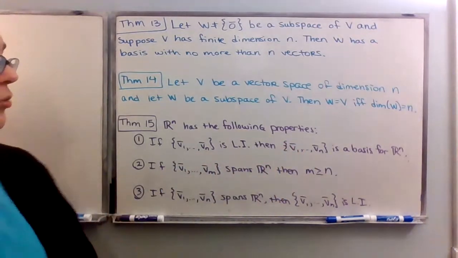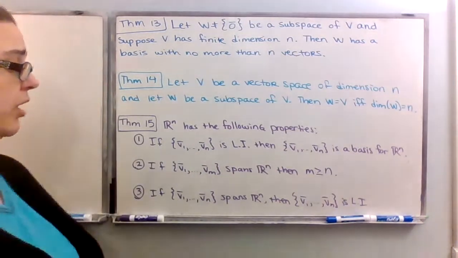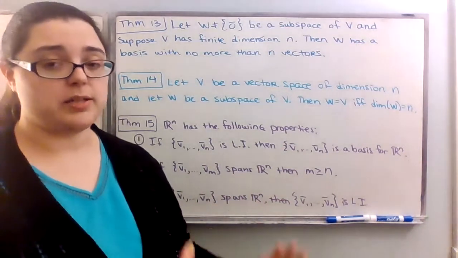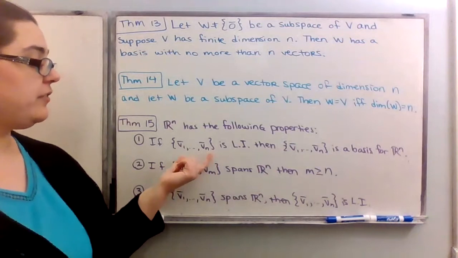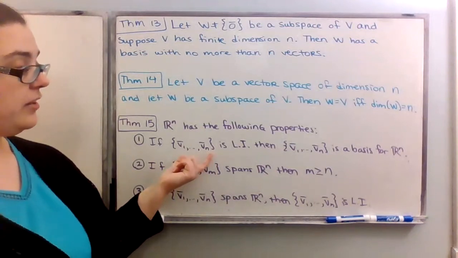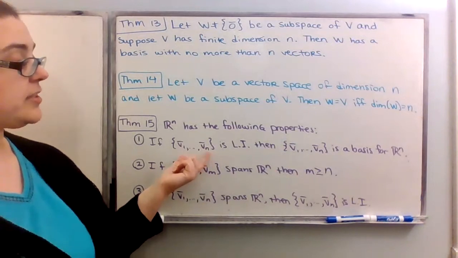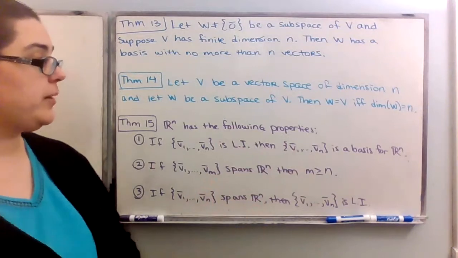This is because we know that Rn has dimension n, so any basis is going to have n linearly independent vectors in it. If I have n vectors, then their span is going to be all of Rn, because that's how big its basis was, right?